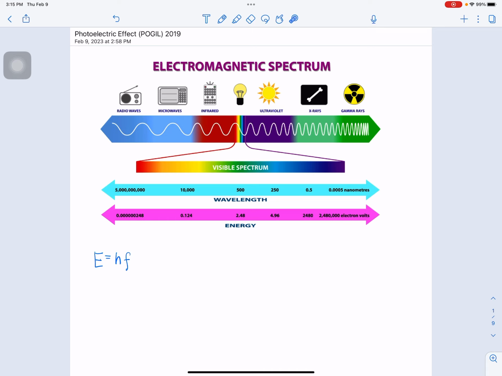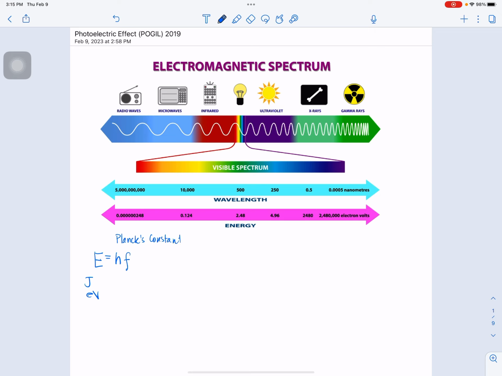And the way that the things we measure about light is converted into energy is through this equation, which is called Planck's equation. E is energy, and it is typically given in either joules or electron volts. H is Planck's constant.